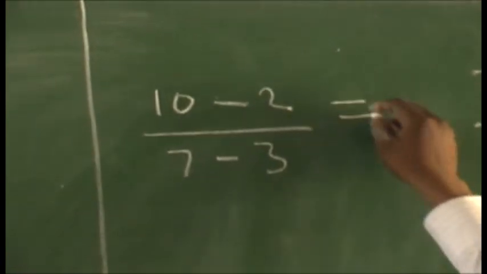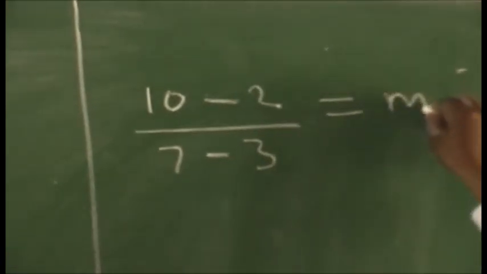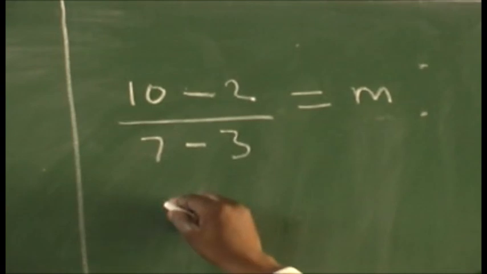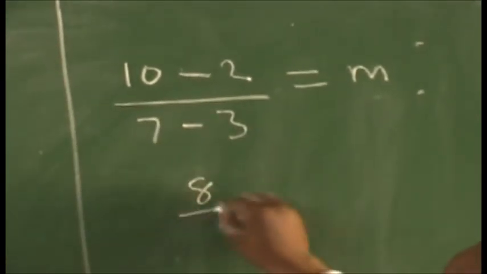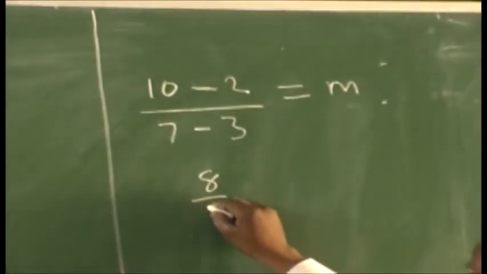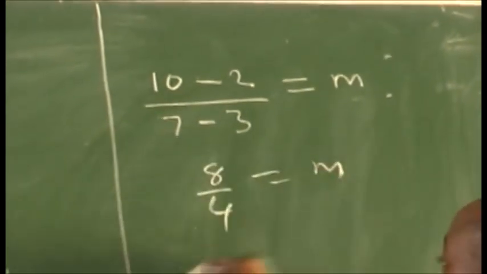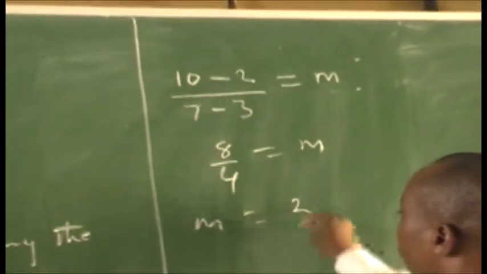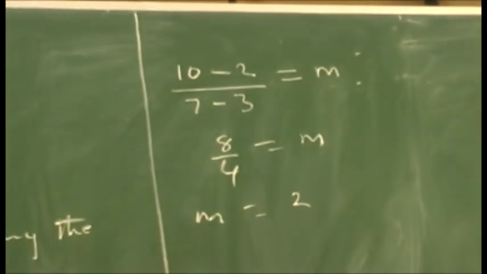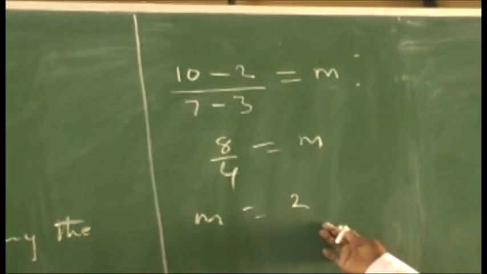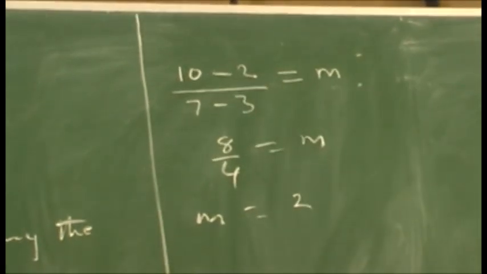We will have the gradients. So this will give us 8 all over 4 will be equal to m. So m is what? 2. The gradient of that line is 2. So that is how we can get the gradient.